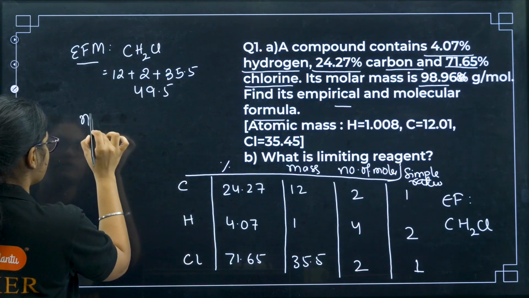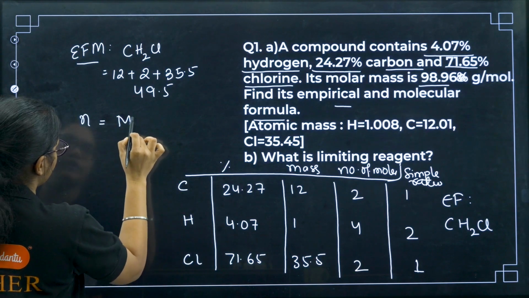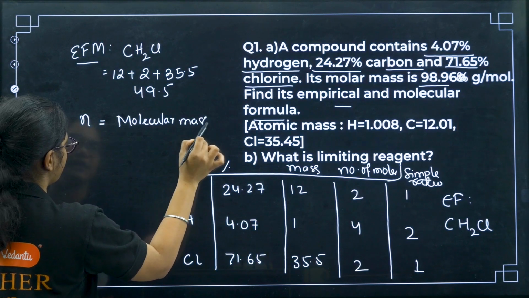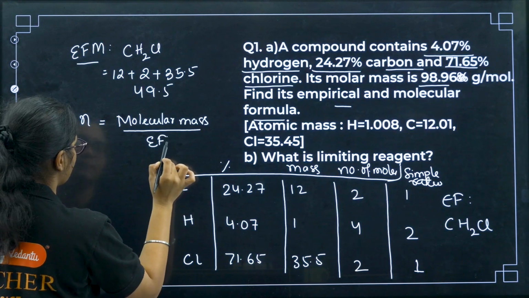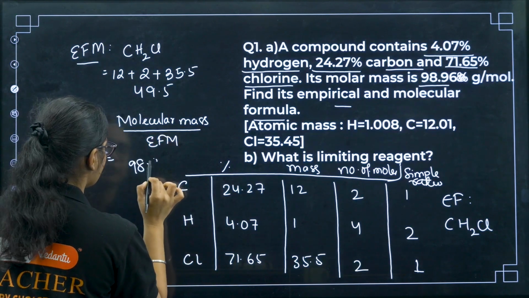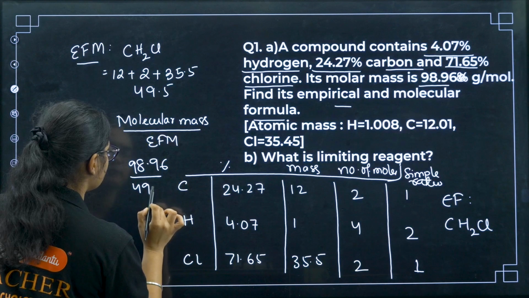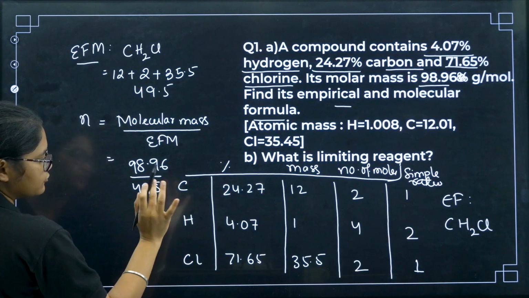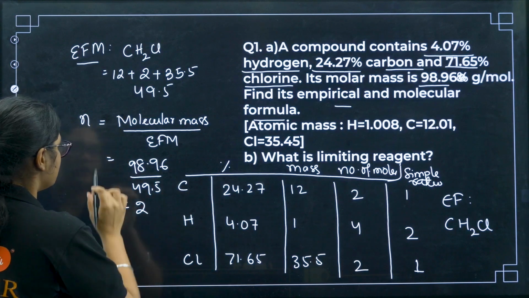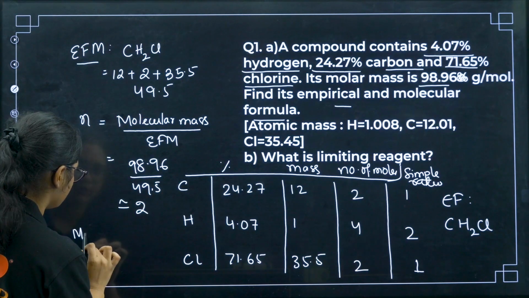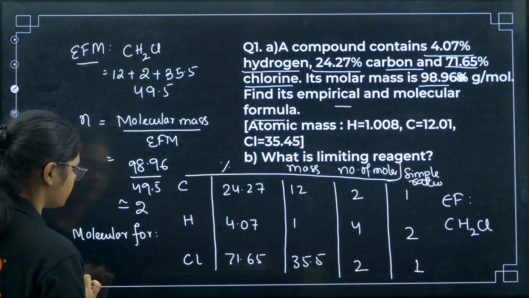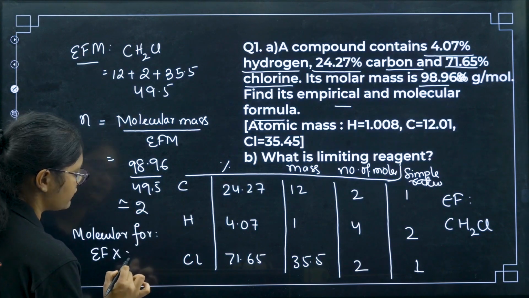Next, what is the n value? You have to calculate it. The n value is molecular mass divided by empirical formula mass. That is 98.96 divided by 49.5, which is almost equal to 2, because 49.5 twos are 99. Now to calculate the molecular formula: it is the empirical formula into the n factor.